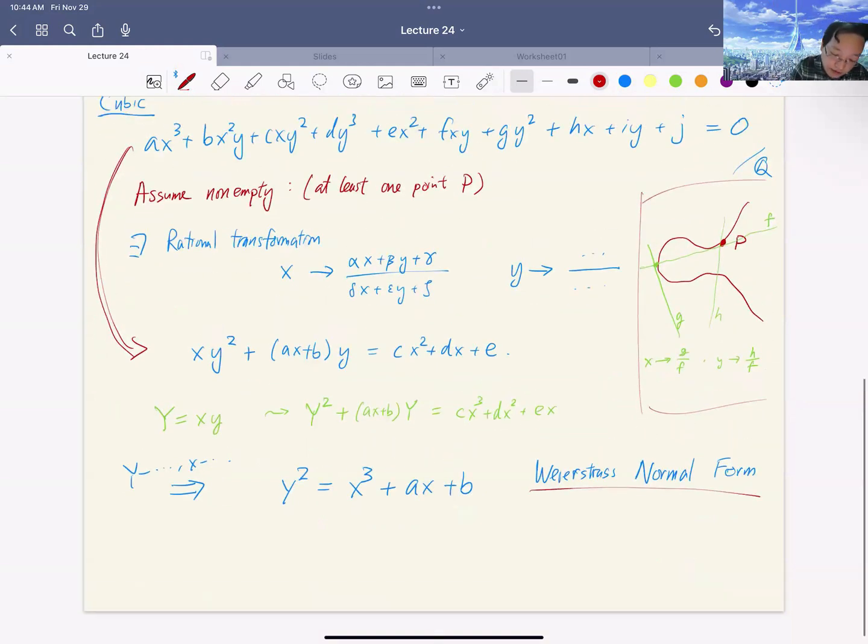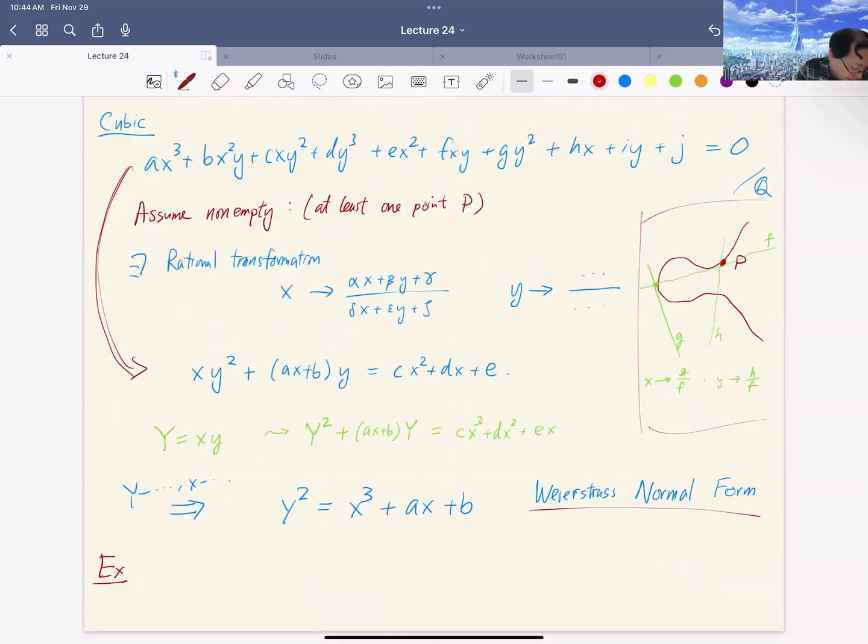Yeah, so as a simple example, let's say I have a cubic like this, very simple. You can try to follow the above procedure, and you will see that if I substitute x equals 12a over u plus v, and y equals some crazy number, so basically u plus v is the f in that picture.